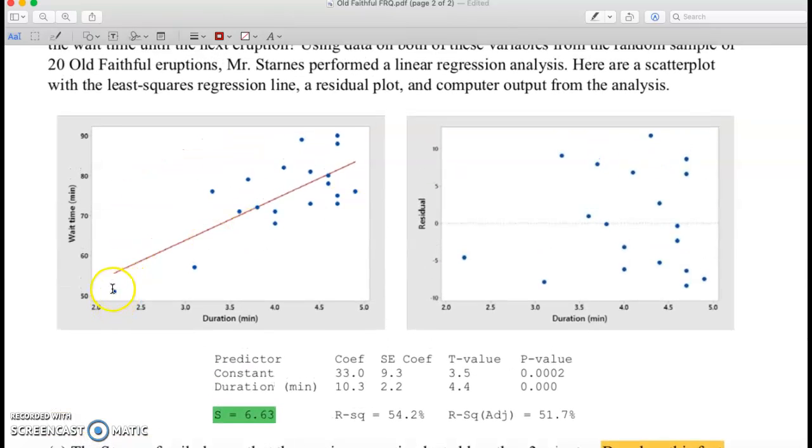So here's our point 2.2, 51 down here. And why is it not an outlier when you consider duration and wait time? Well, one way to say it is just that it's still in line. It's fairly much in line with the rest of the data. It follows the same trend, the same positive association. It's right in line with it, and so it's really not considered an outlier just from kind of a feel or a sight perspective.